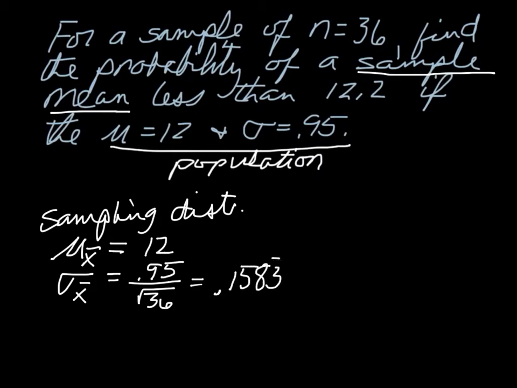0.1583 repeating. Okay? So, the key on these problems is recognizing when they're asking you to find a probability associated with a sample mean. That tells me it's a sampling distribution, so I find this information, and now I can draw a picture of what the problem is.